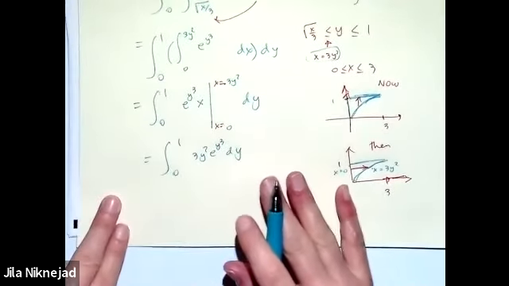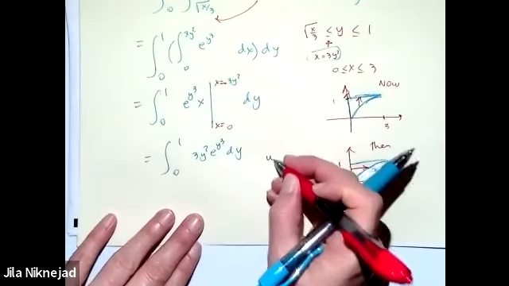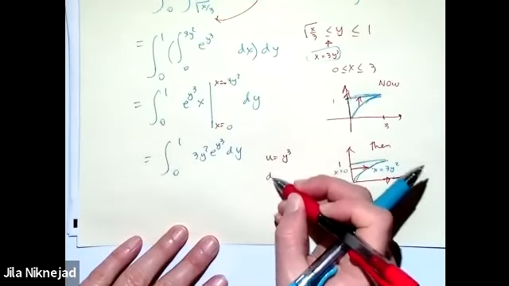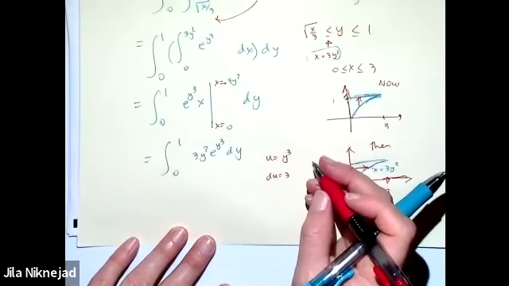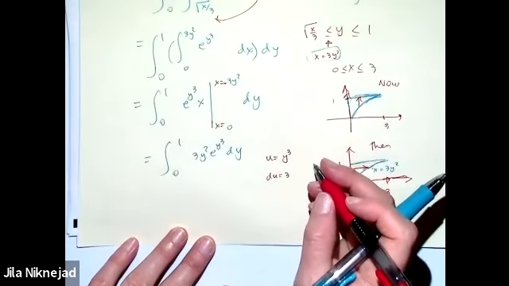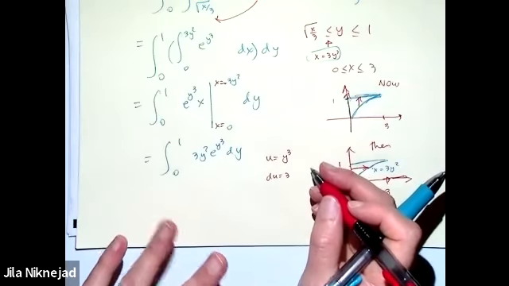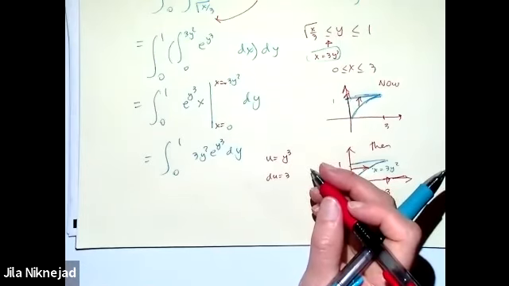Now, this is a beautiful u substitution. This funky business of these double integrals and triple integrals comes back if you are studying different probability distributions in a ton of ways.